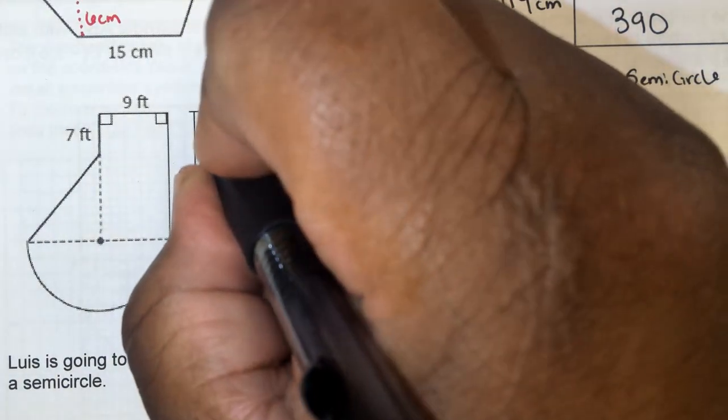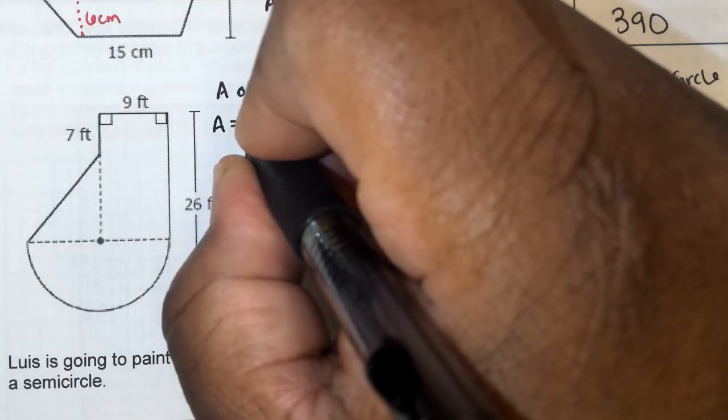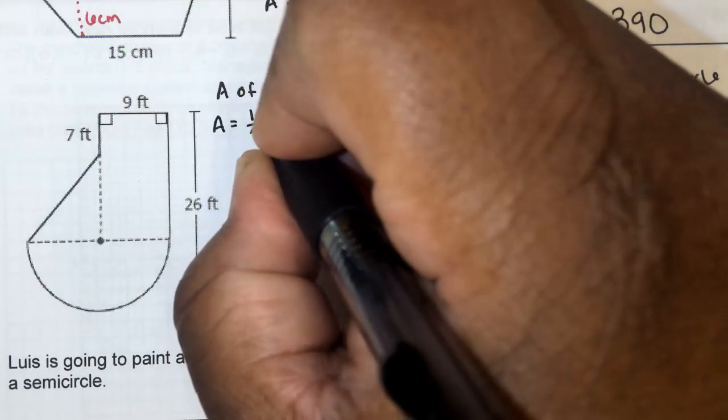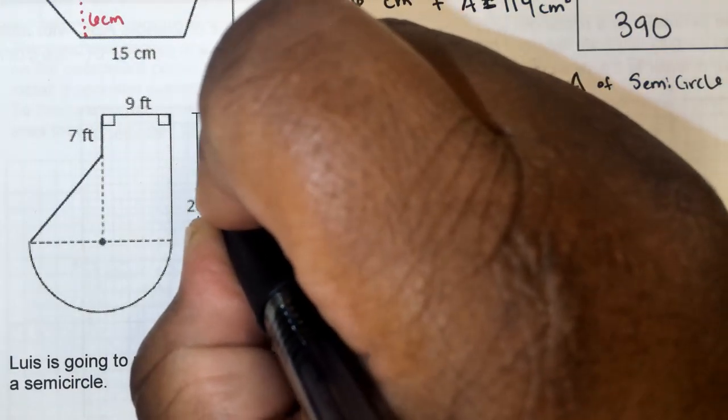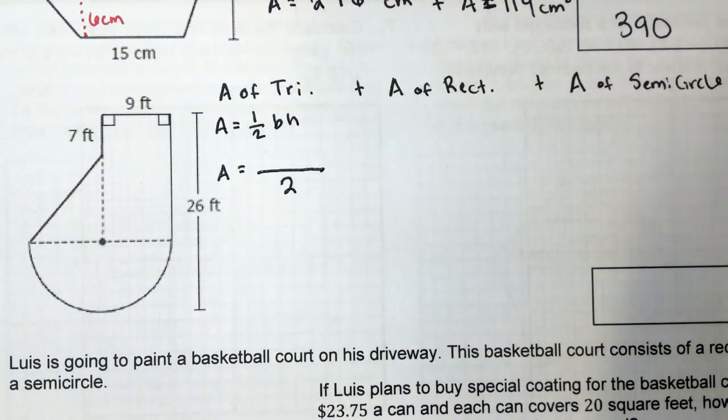First things first, Chloe, area of a triangle. What's the formula? For the triangle, what's the base? I'm gonna let you try that again.